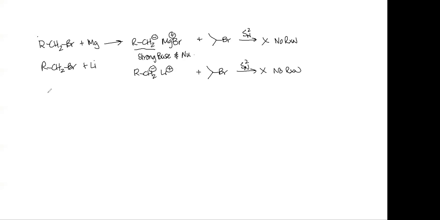What they found, and it was Gilman who found it, is that if you took your organolithium compound and mixed it with copper(I) chloride, bromide, or iodide, you end up forming this complex, which is going to have two minus ions, a lithium plus and a copper plus.